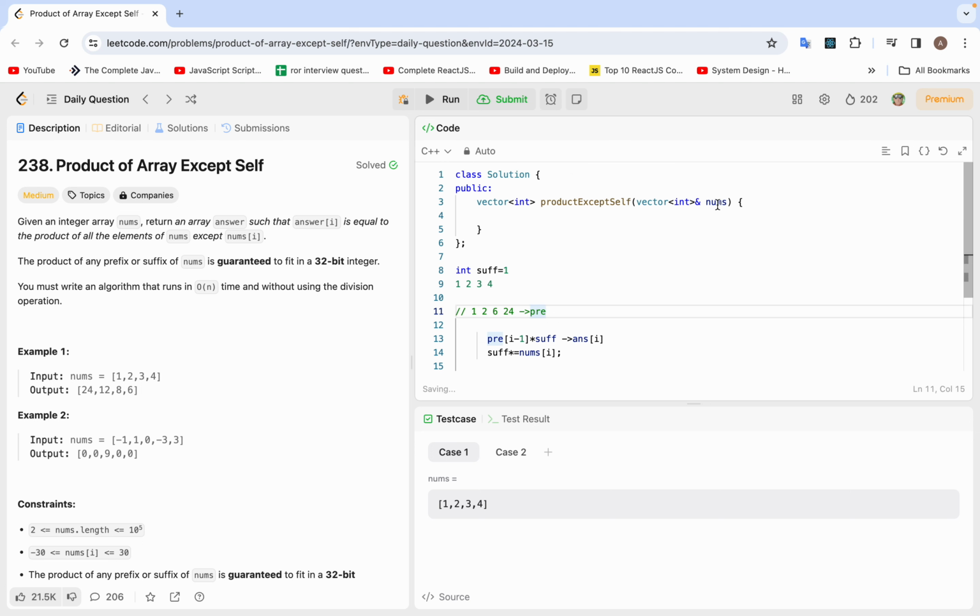What I can do is use this nums array itself. But if I change this nums value, then how will I multiply this suffix?